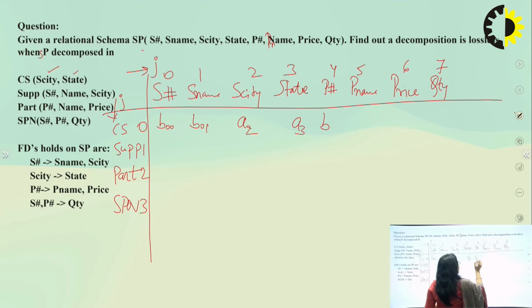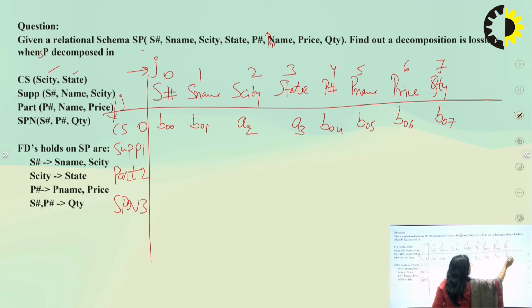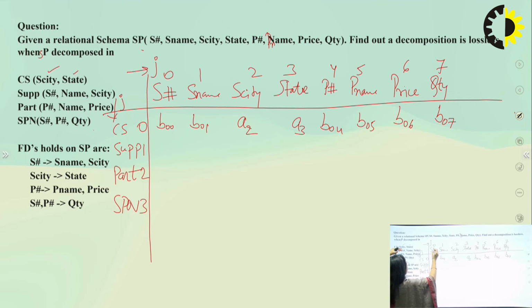Otherwise, all values will be filled with Bij: B I0 J5, B I0 J6, B I0 J7. Similarly, we will fill all the rows. So in this, S hash will be filled as A because this attribute is present here only. Okay. So this we have taken as P name.